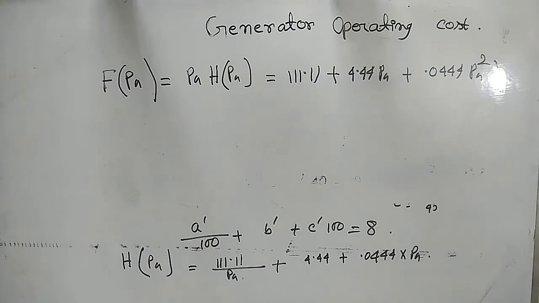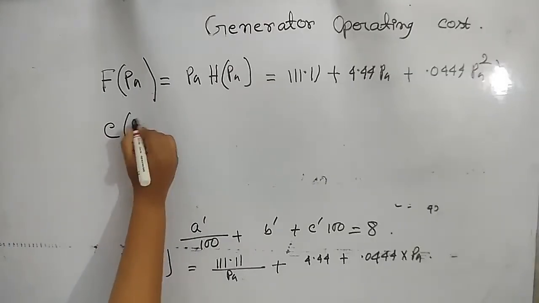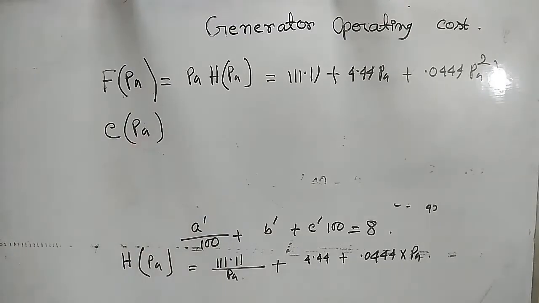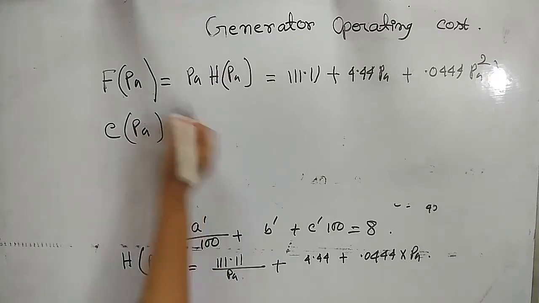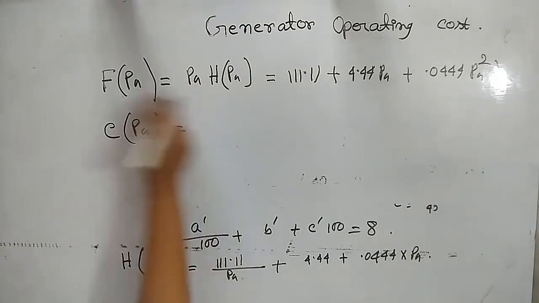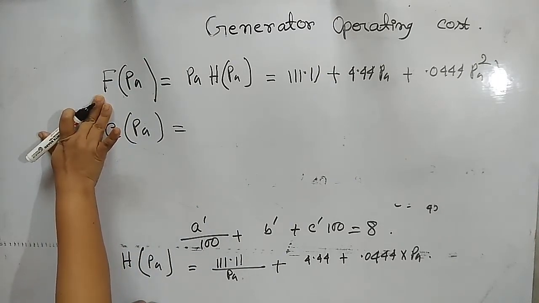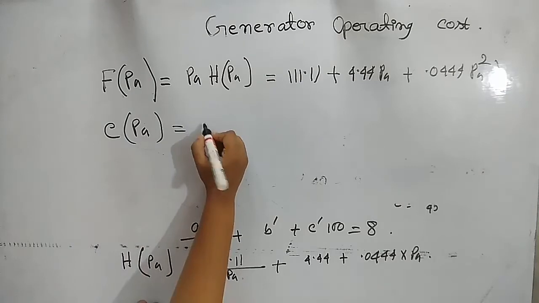Now, what is the value of total fuel cost, CPG? It is given that fuel cost per mega kilocalorie is rupees 2. So we multiply the input fuel FPG by 2.